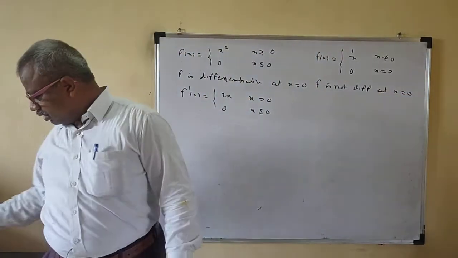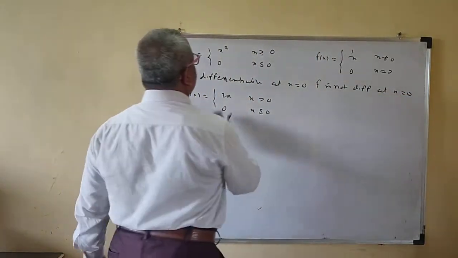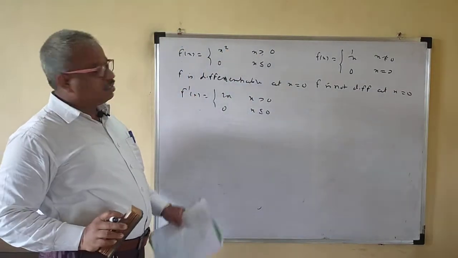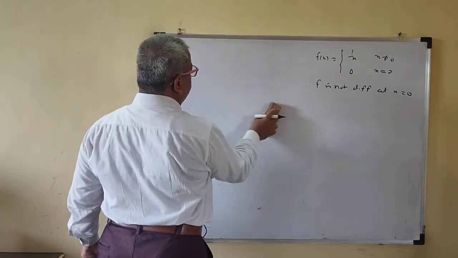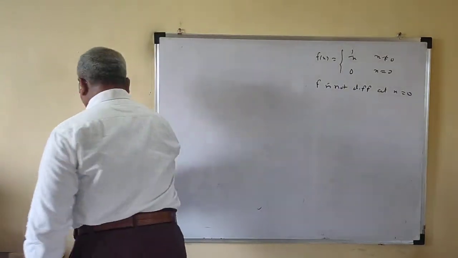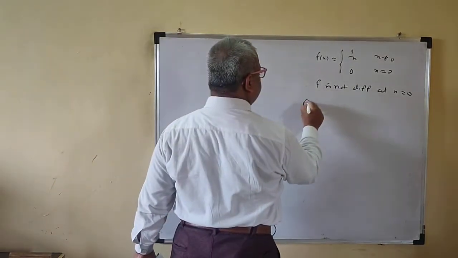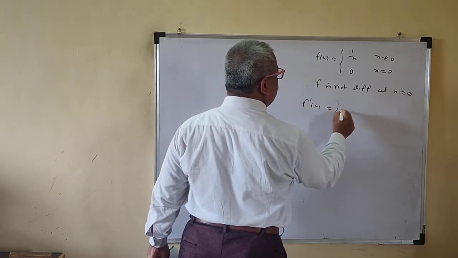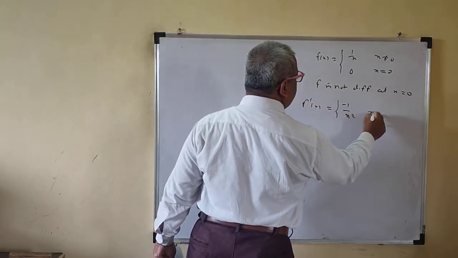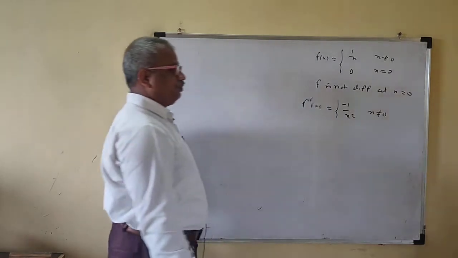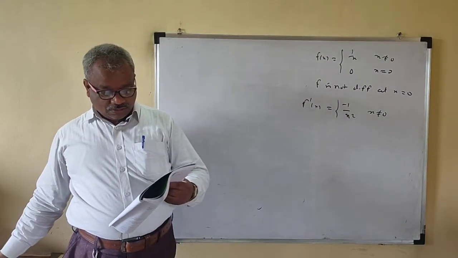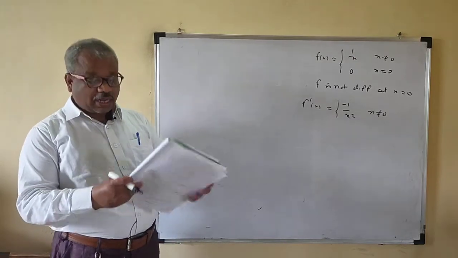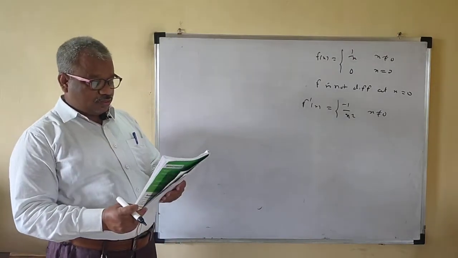The earlier function was differentiable at x equal to 0 because it is a polynomial, but this is 1 by x. But f prime x is equal to minus 1 by x square if x is not equal to 0.